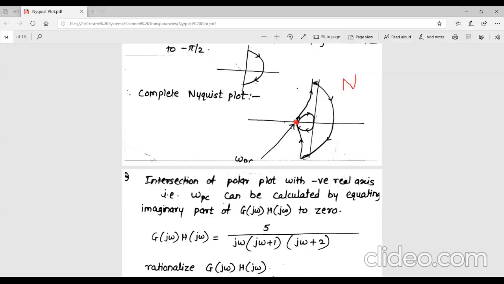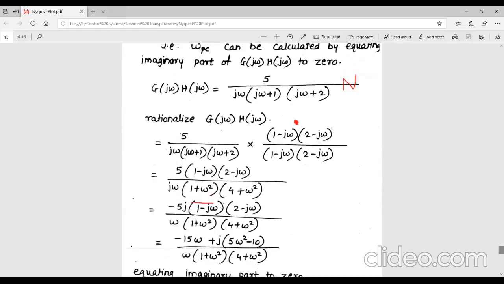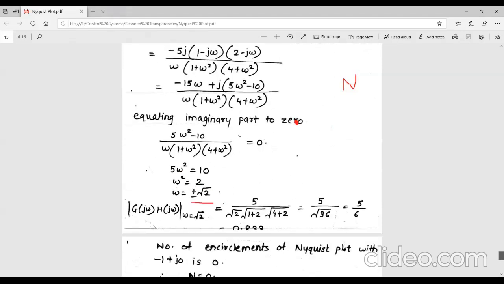So to calculate this point, what we are supposed to do here, value of omega is 0 because this point lies on the real axis, so imaginary part would be 0. Now, so intersection of polar plot with negative real axis, that is omega pc, can be calculated by equating imaginary part to 0. So in the next steps, we are rationalizing the equation. We know this method, we have studied it before in our curriculums. So by rationalizing this, we are separating out real part and imaginary part.